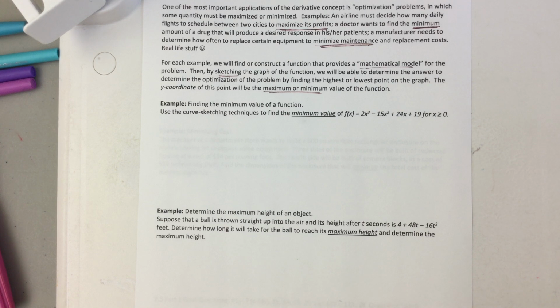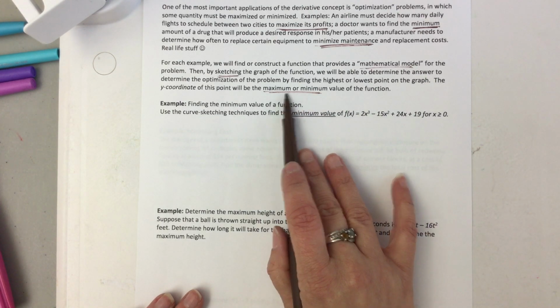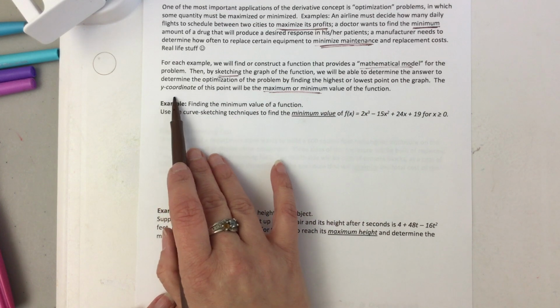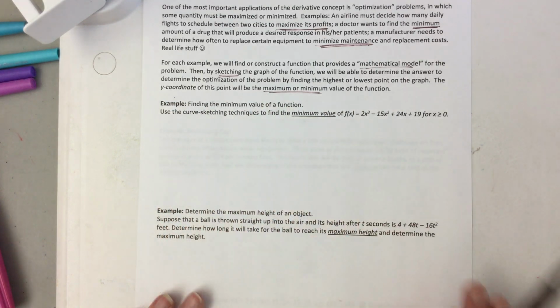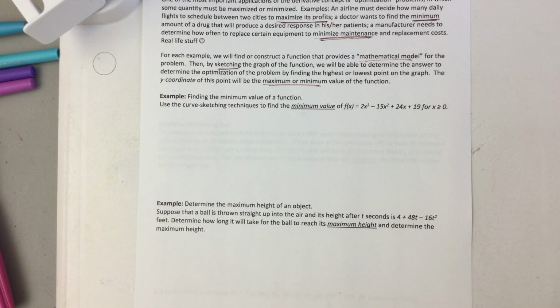And that's what we've been doing as we've been sketching. So you've done this process. We just haven't applied it to real life yet, okay? When you're finding your maximums or your minimums, the y-coordinate is the maximum or the minimum. The x-coordinate is just when that occurs, okay?